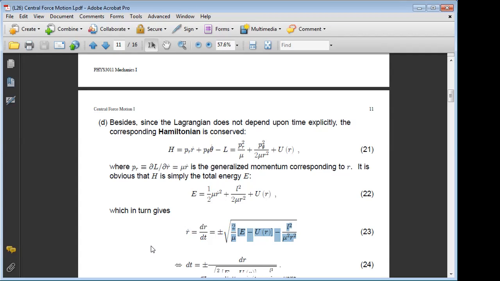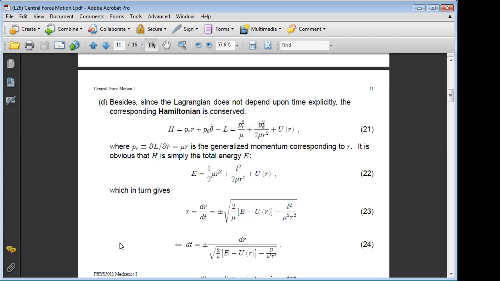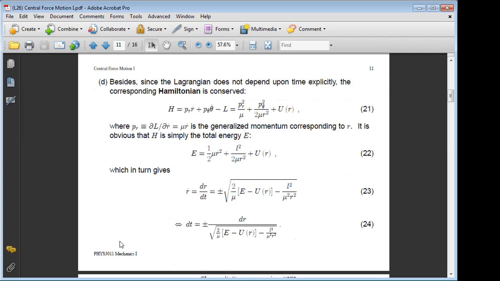So we can express R dot in terms of E and L. Now, solving this equation will give us the solution, which expresses R as a function of t.